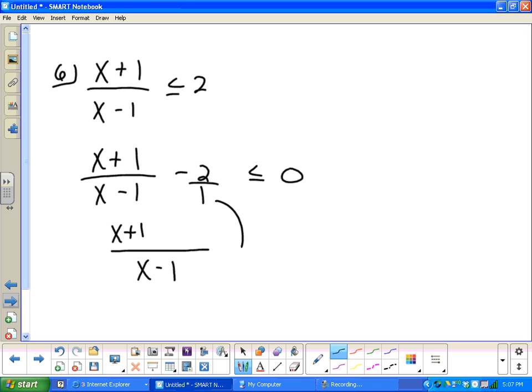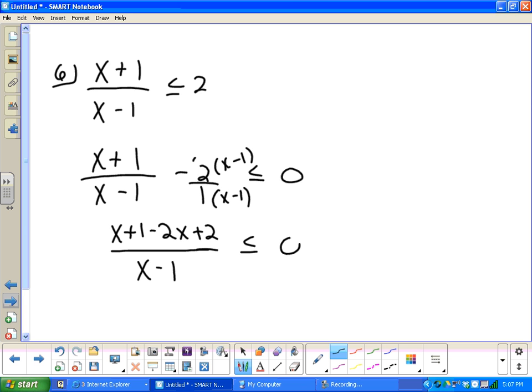Now, when we went from 1 to x minus 1 there, we would have to multiply by x minus 1 to make that happen. So I would need to multiply the numerator by x minus 1. So now let's multiply -2 times x minus 1 would be -2x plus 2. A few people had minus 2 right there. They didn't think a negative times a negative there, and that would give you a positive.